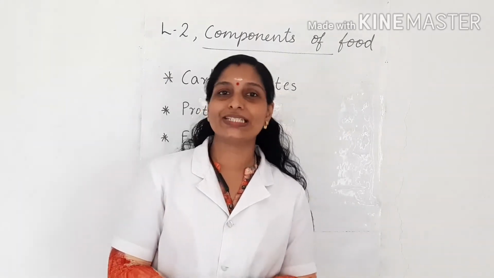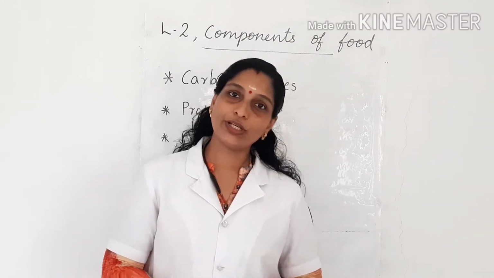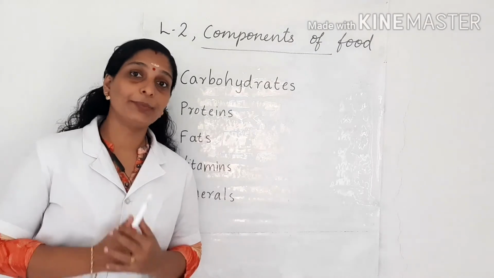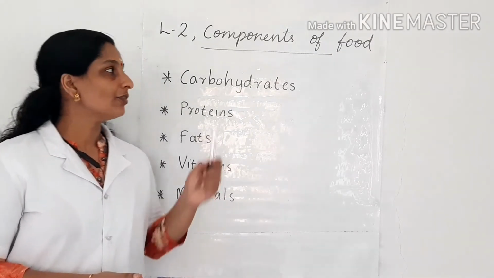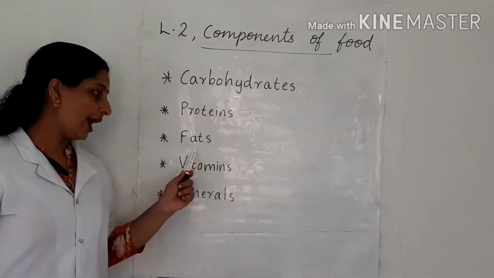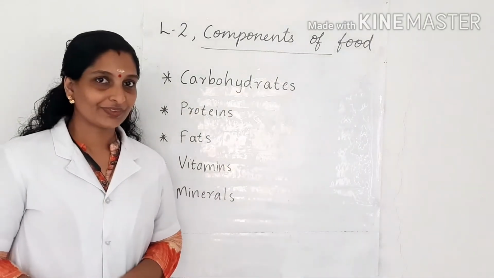Now we are going to discuss about each of these nutrients in detail. Okay. So children, once again I am going to read the name of nutrients. First one, carbohydrates, proteins, fats, vitamins and minerals.